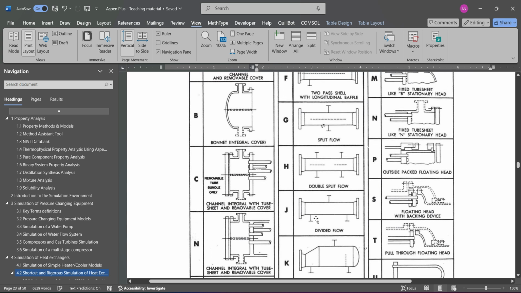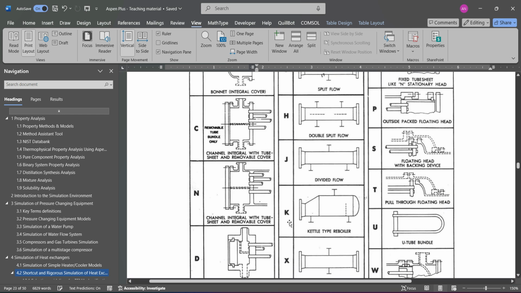This J class, the divided flow, is very common when we have the heat exchanger for condensation service. So the saturated vapors, the low quality vapors, are introduced from the top of the heat exchanger, and the condensate flows from the bottom of the heat exchanger.